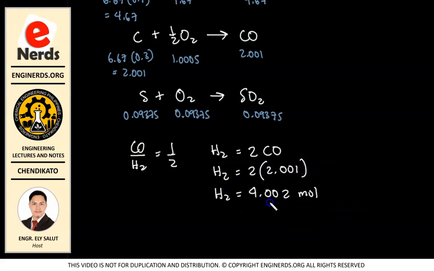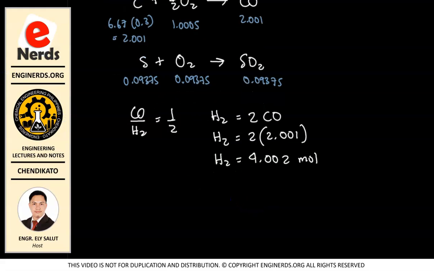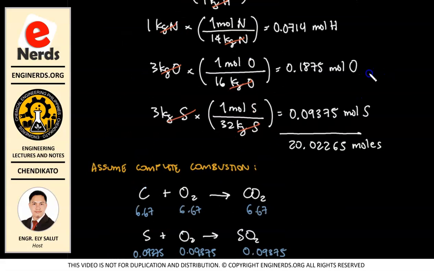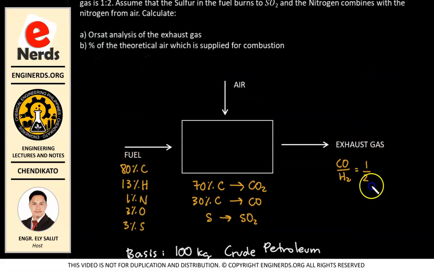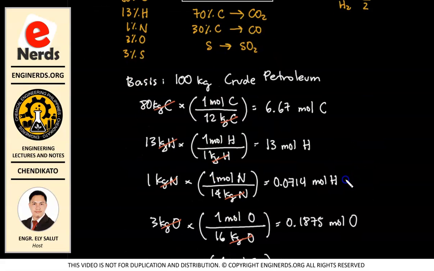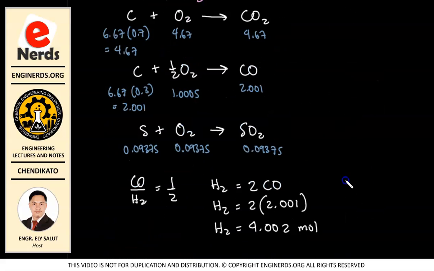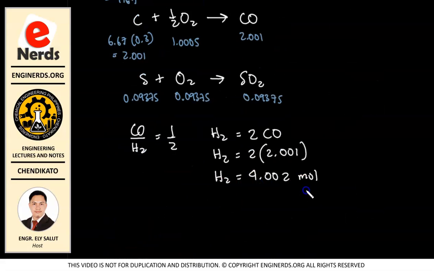If H2 is in the exhaust, this means that this H2 is unburned, because it stays in the exhaust. It was supposed to be converted to water, but because we do not have enough air supplied, we have unburned H2 in our exhaust gas.